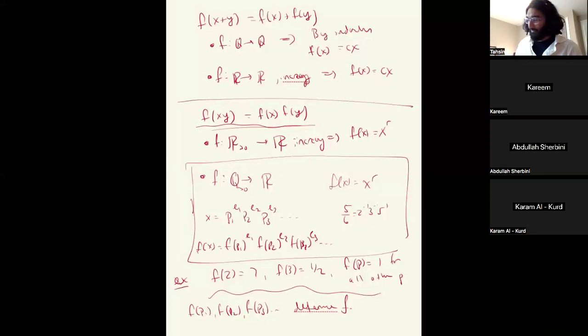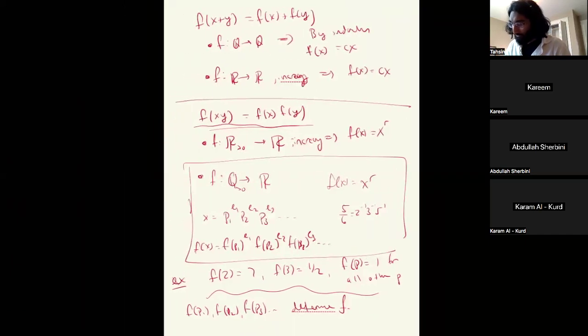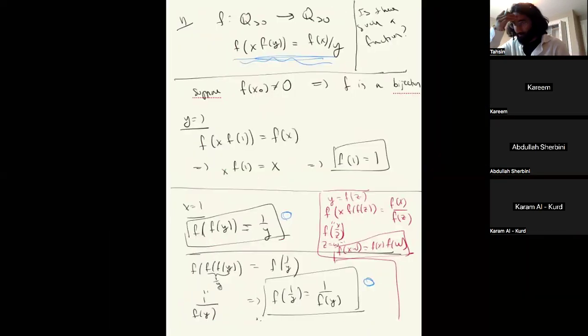So I wanted to make this aside: sometimes when you see these Cauchy type things, you have to be careful. So where are we? We are in the situation where we derived that this thing is Cauchy. So if we were to find such a function, we would just need to determine what is f of 2, what is f of 3, what is f of 5, and so on. And we need to decide what these numbers are.